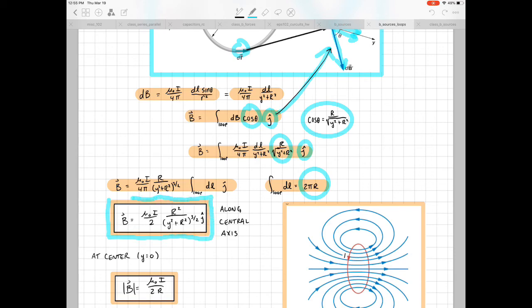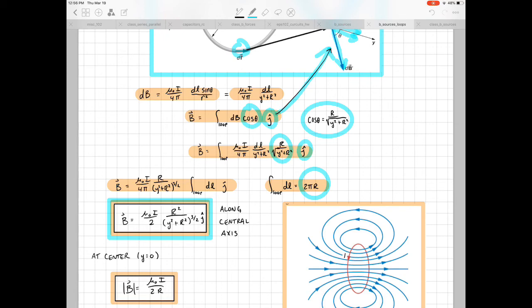This is the expression for the magnetic field produced by a current carrying loop along the central axis, right? So anywhere along the axis, this is the magnetic field. And for this particular problem, the way that the loop was oriented, the direction would be along the y-axis, pointing in the positive j-hat direction.